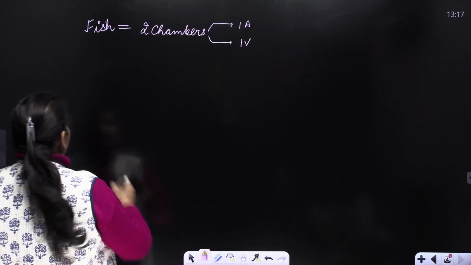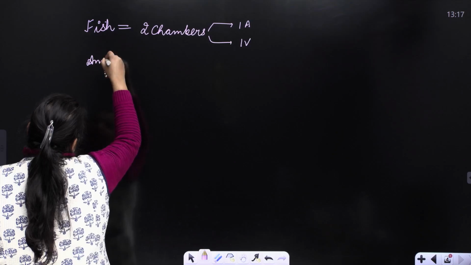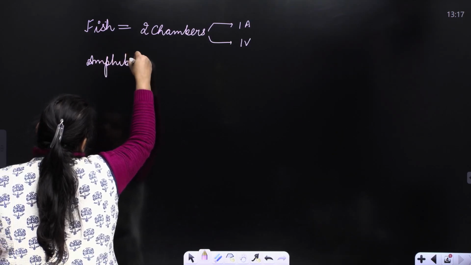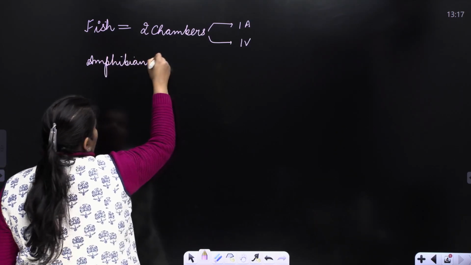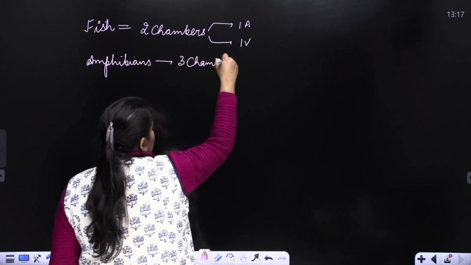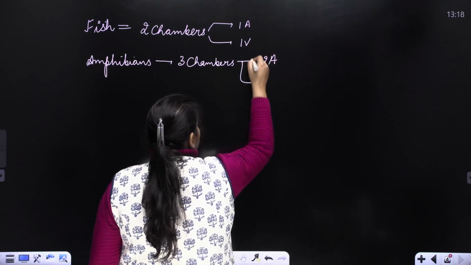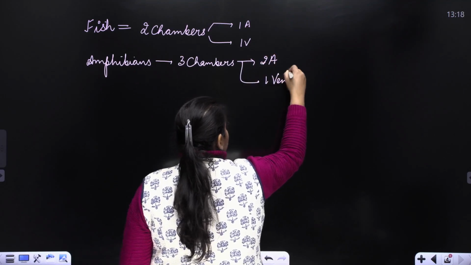All right. In the case of amphibians, there are three chambers: two auricles and one ventricle.